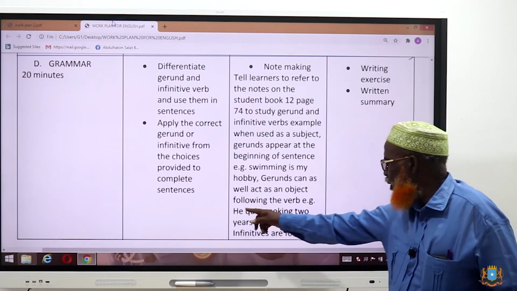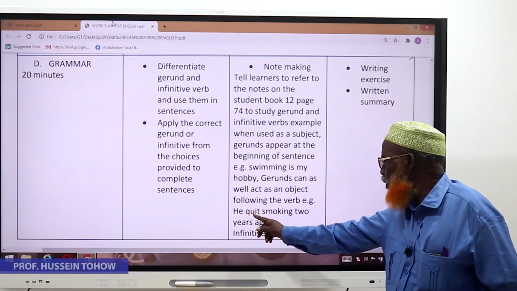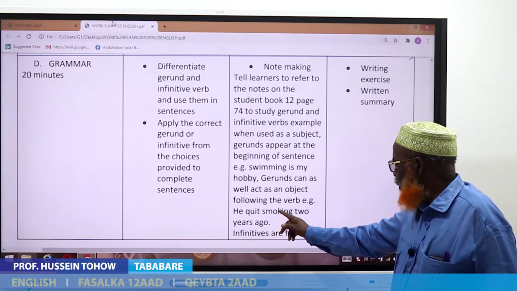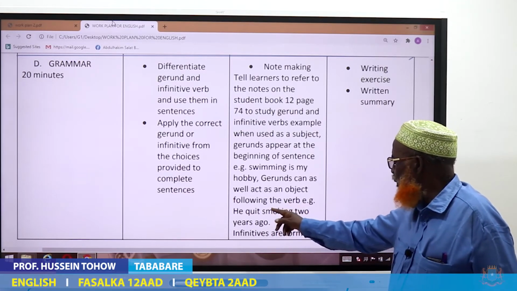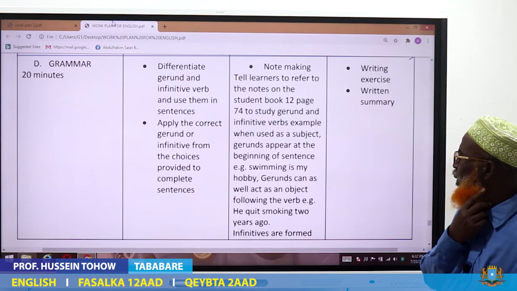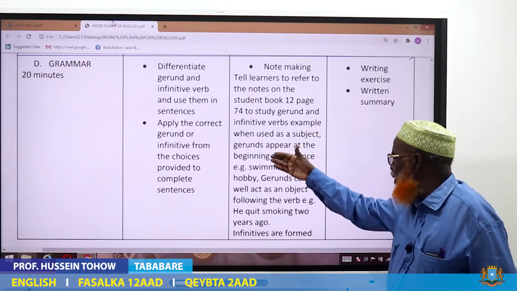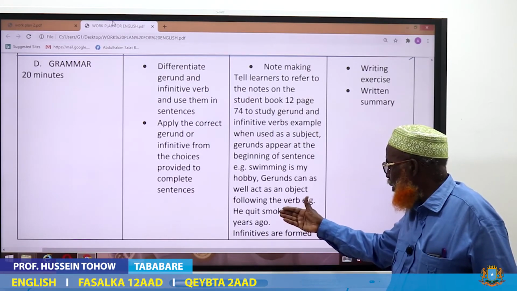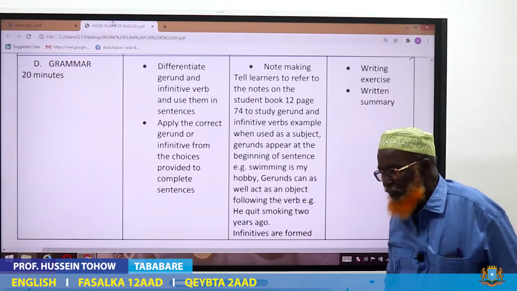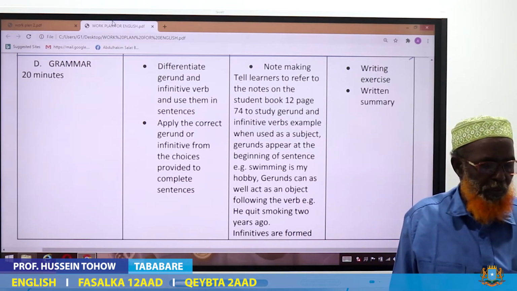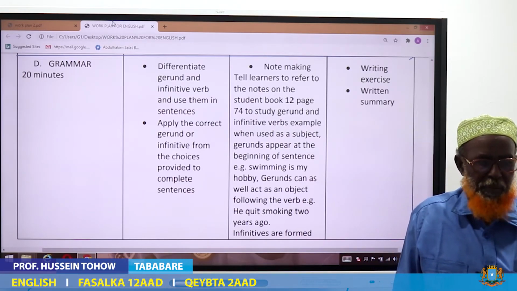He is the subject, quit is a verb, and smoking becomes an object. So that means you can use the gerund verbs which take ing either at the beginning of the sentence or in the middle of the sentence as an object. You can find this exercise in the book. The students are supposed to do this exercise.